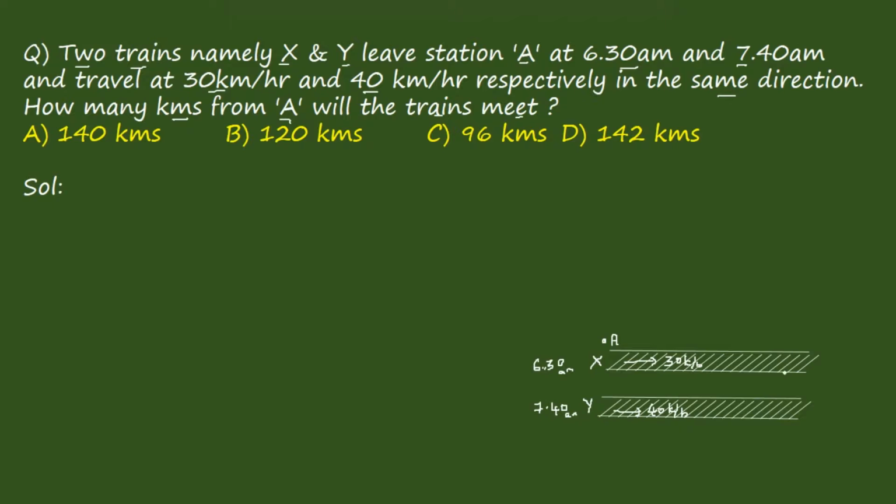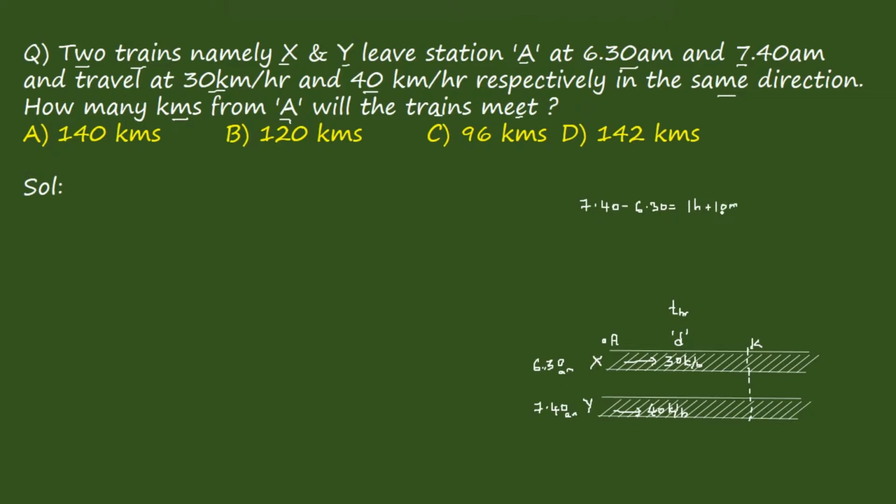If you consider a point here as K, where both the trains X and Y would be meeting, you have to find this particular distance from A to K. Now if X takes T hours to move from A to K, then how many hours will Y take? Y is late, since it starts at 7:40 and X starts at 6:30. 7:40 minus 6:30, it is late by 1 hour plus 10 minutes.